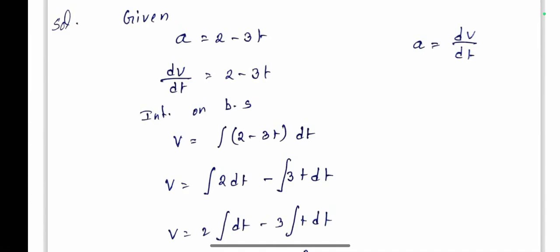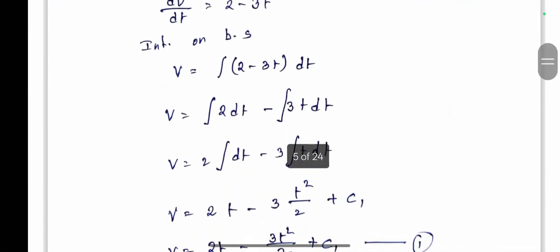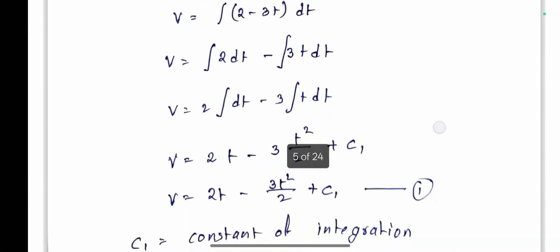So integrating on both sides, integral of dv by dt gives v, velocity is equal to integral of 2 minus 3t dt. Dividing into two terms, integral 2 dt minus integral 3t dt. So v is equal to 2 integral dt minus 3, the constant comes outside, integral t dt.